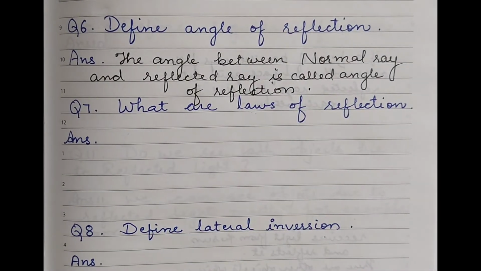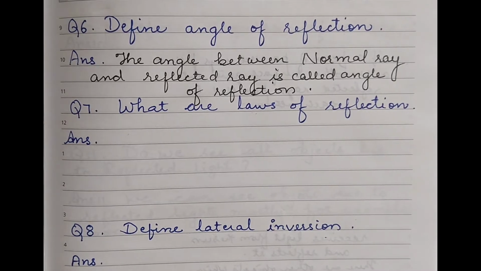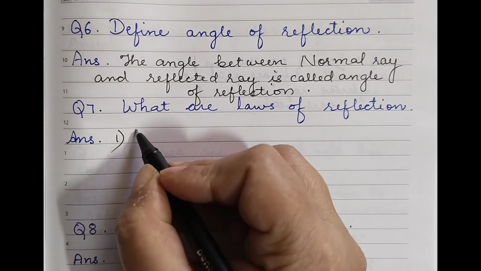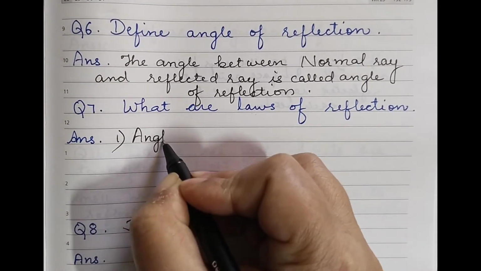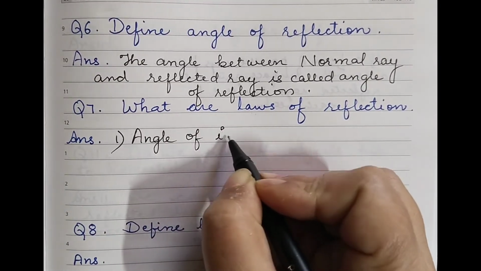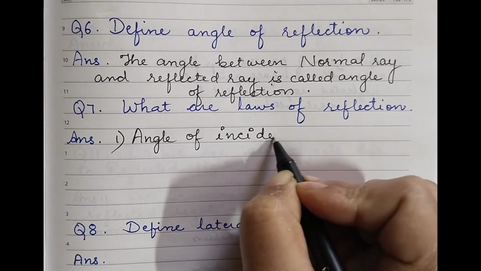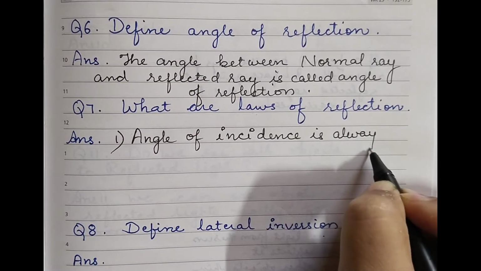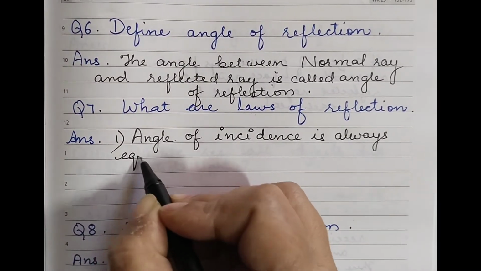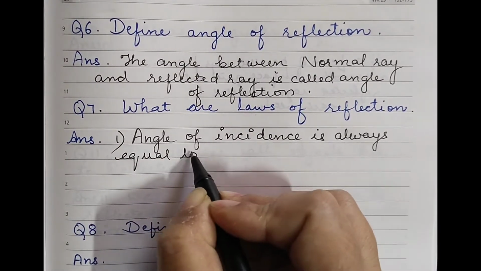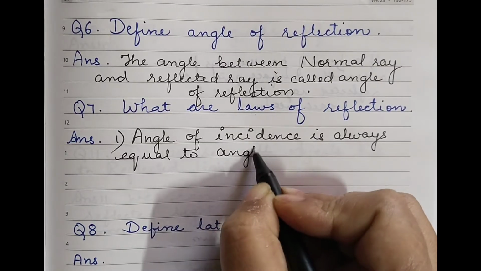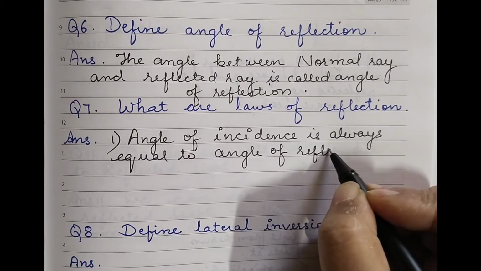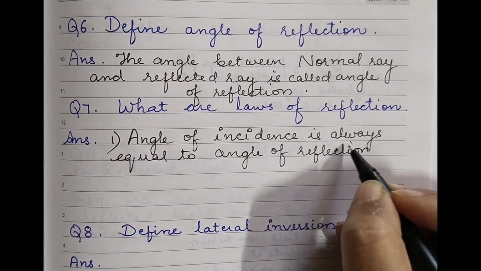Clear? What are the laws of reflection? Very important question. The first law of reflection is that the angle of incidence is always equal to the angle of reflection. Clear?